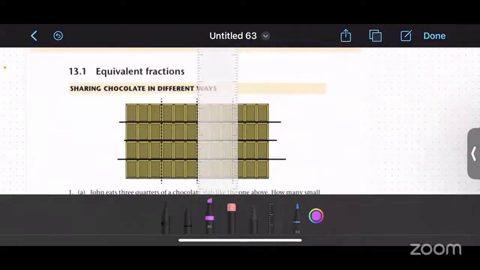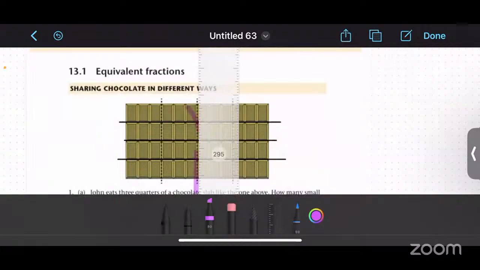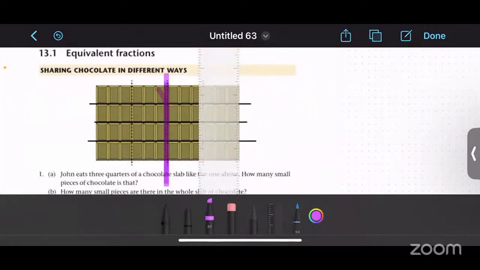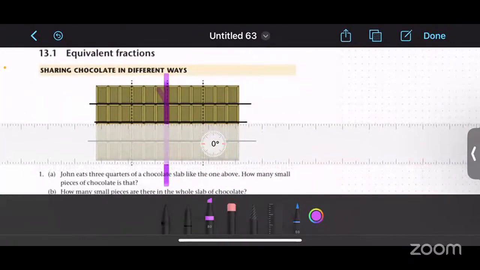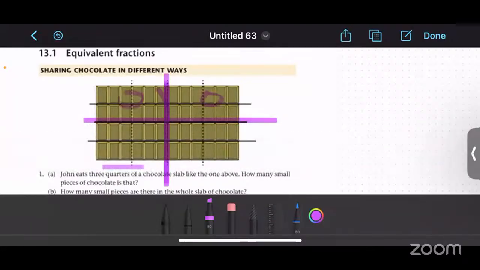Again, we can cut it like this, and then again like this. Okay, and then everybody will have these pieces over here. One, two, three, four.